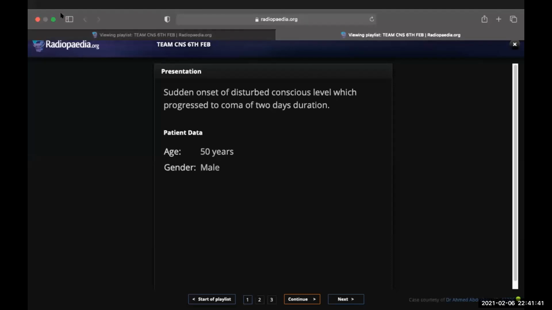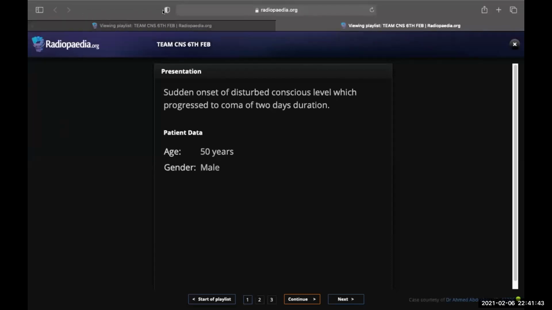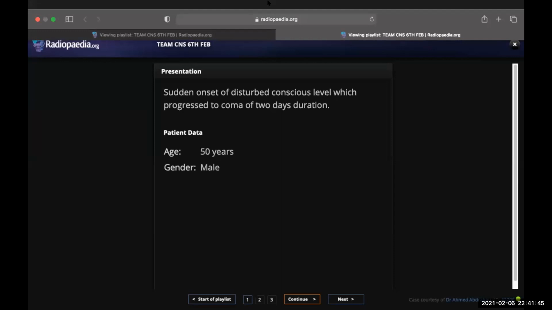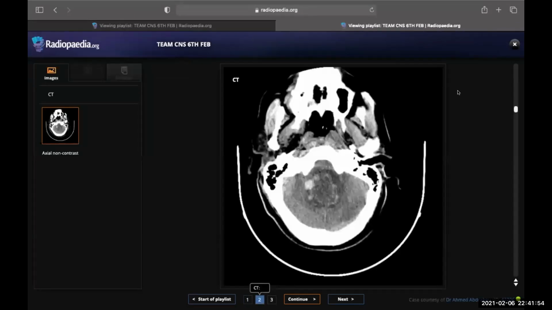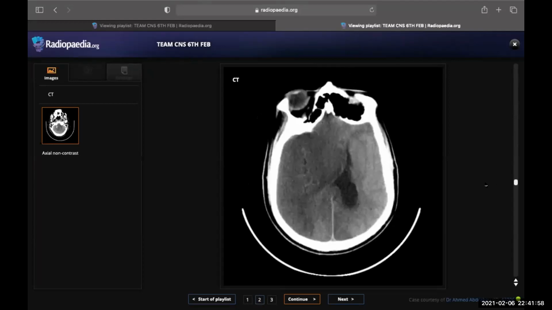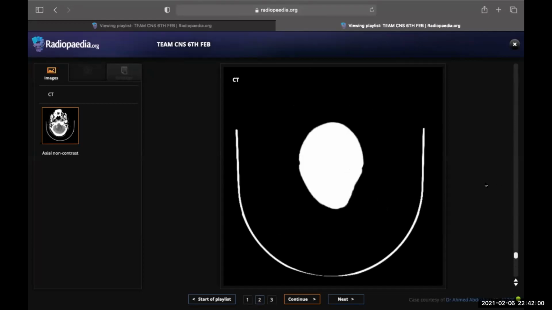50 years old with sudden onset of disturbed consciousness, which progressed to coma of 2 days duration. Okay, I'll start scrolling, just a minute. Okay, so this is a plain CT of the brain.